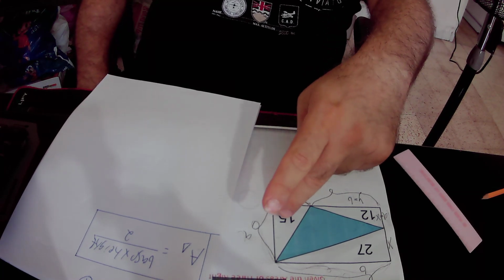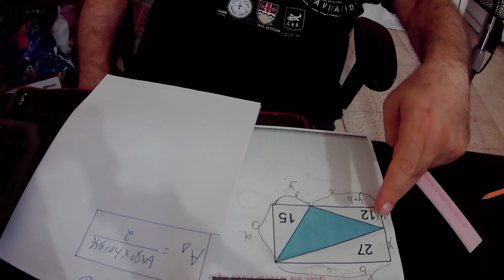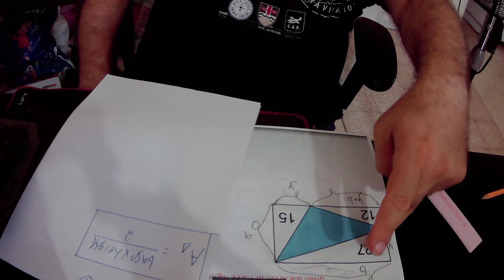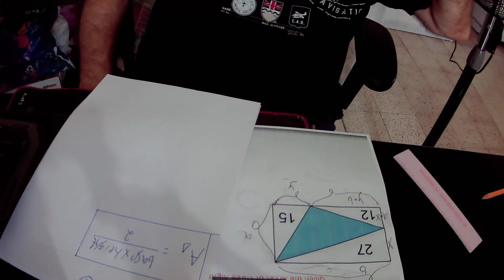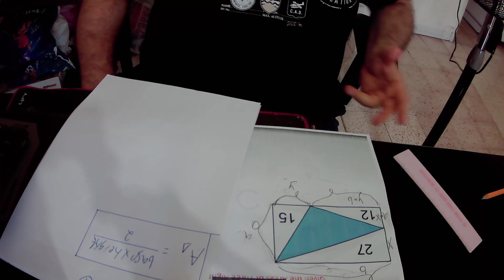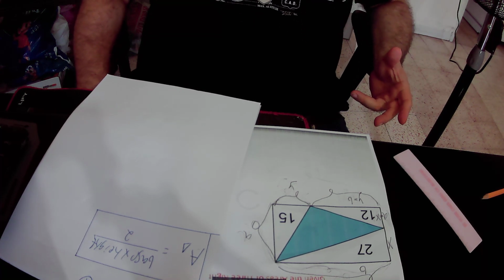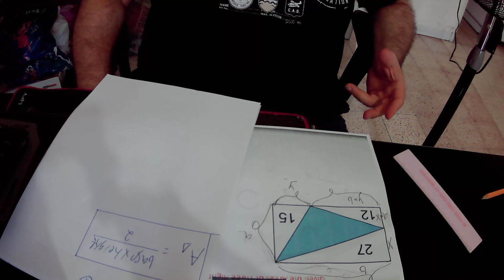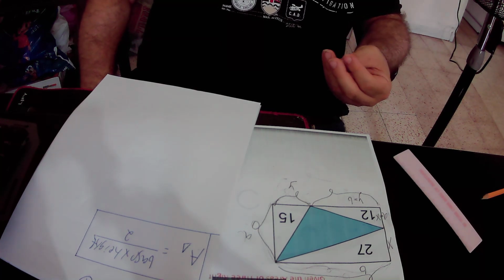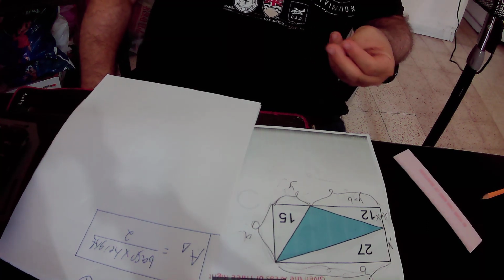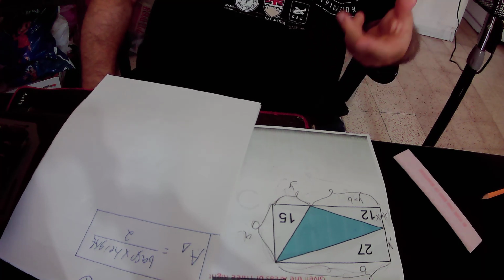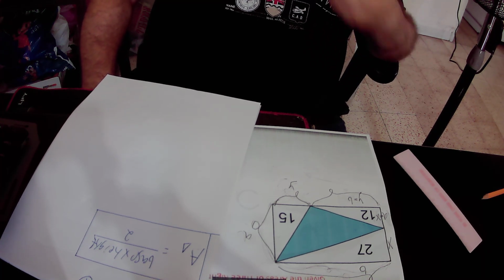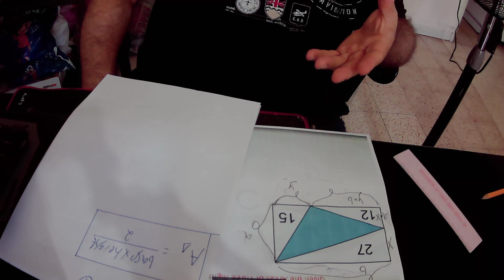The area of this right triangle is 15, the area of this right triangle is 20 units, and the area of this right triangle is 27 units. But we don't have yet the formula to calculate this area. So we will create the formulas of those areas that we know the size of.